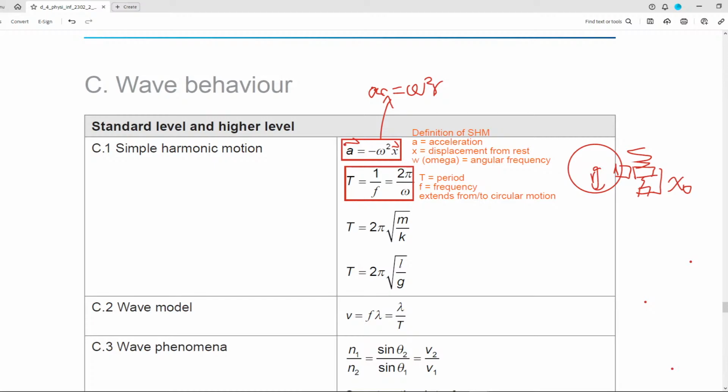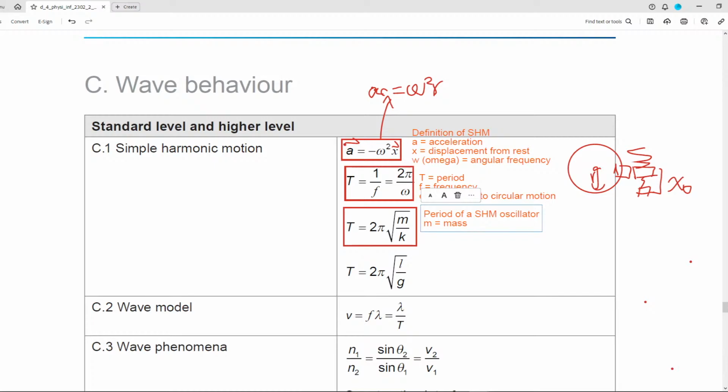From there, by comparing circular motion, you can actually derive the period for a simple harmonic oscillator to be that. So this is the period of a simple harmonic oscillator. Here T is period, M is the mass that's being oscillated.